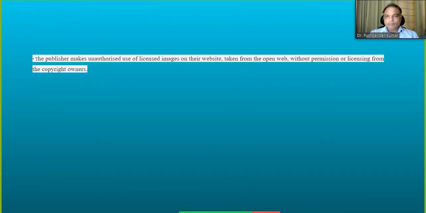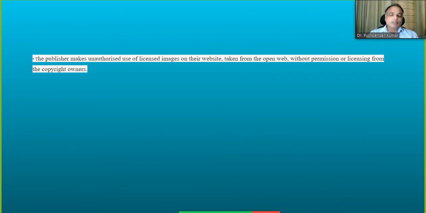Few more things to identify, because you mentioned that you don't know about these duplicate journals. The publisher makes unauthorized use of licensed images on their website. There are a few pictures and images which are copyrighted. You cannot use them, so when you see that someone else has used them without permission, that would be a kind of duplicate journal.